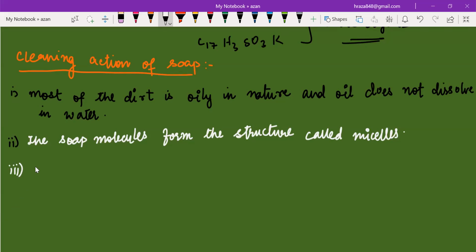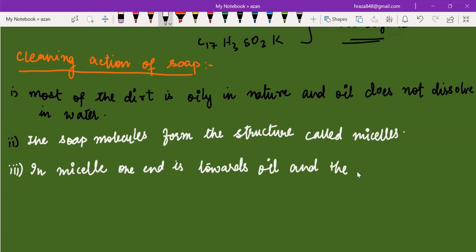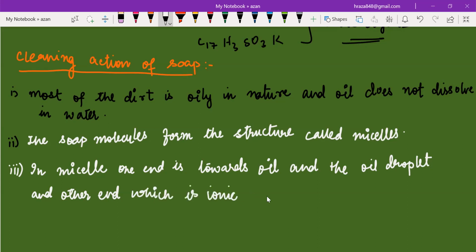Next point: in a micelle, one end is towards the oil droplet, and the other end, which is ionic, faces outside. I'll explain with the help of a diagram which is quite easy.